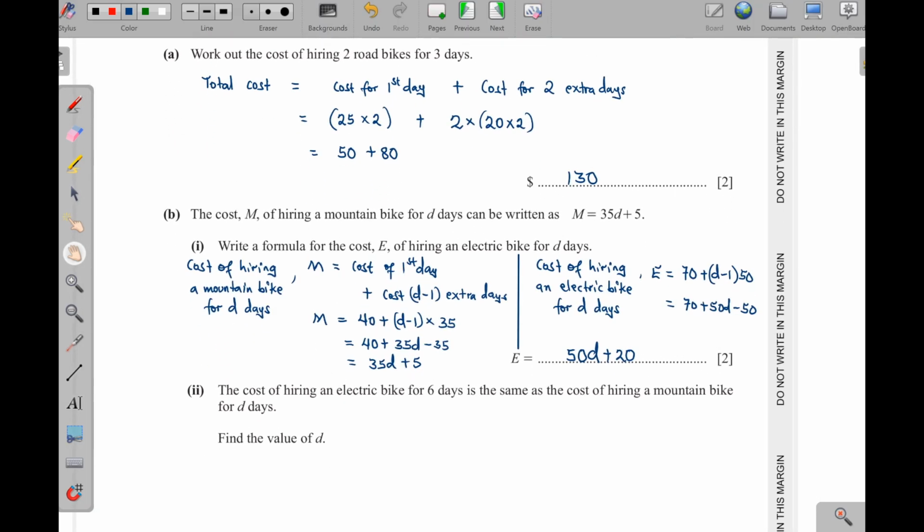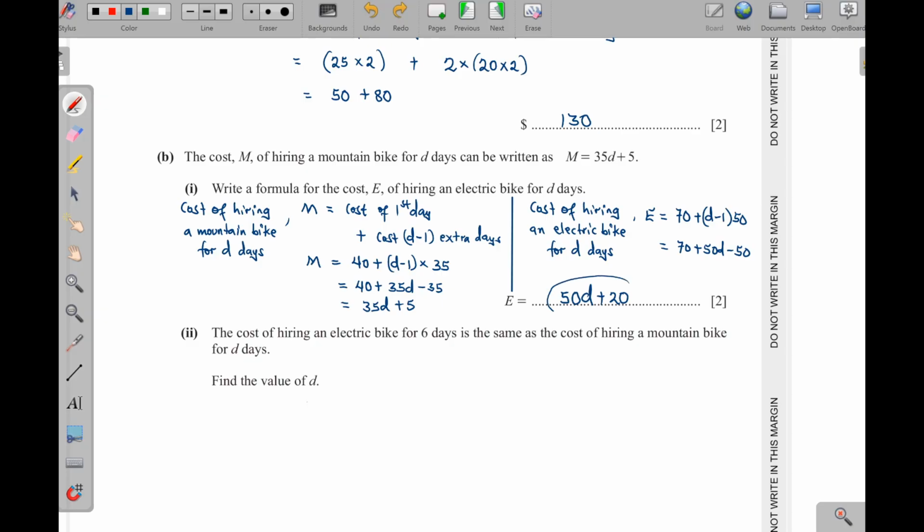Then Roman 2, the cost of hiring an electric bike for 6 days is the same as the cost for hiring a mountain bike for D days. Find the value of D. That means for this one here, the D is defined as what? As 6. So we shall have 50 times 6, then plus 20 shall be equal to, now for this one we don't know, okay, we don't know the number of days the mountain bike was hired.